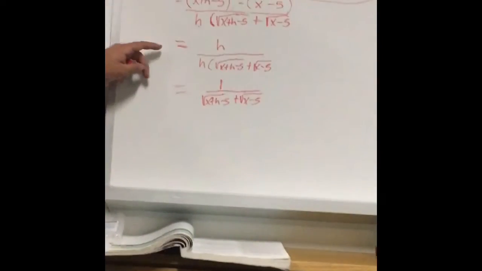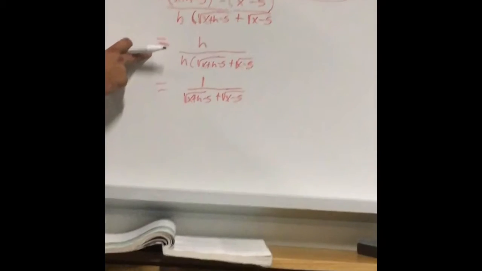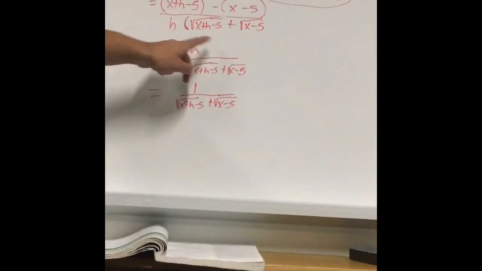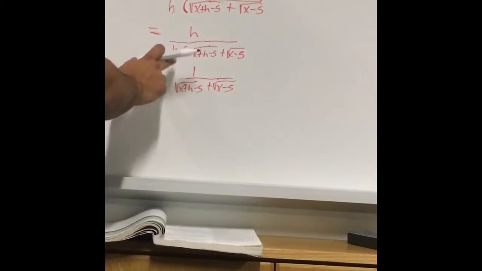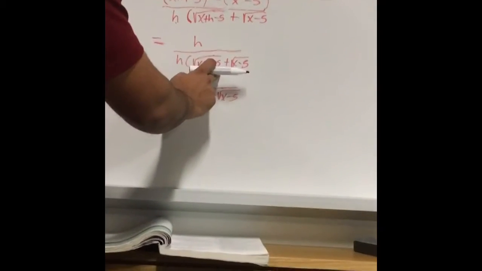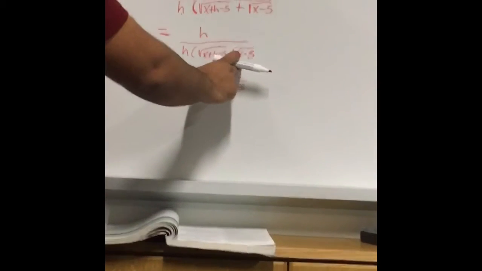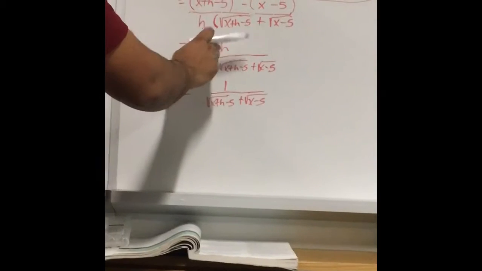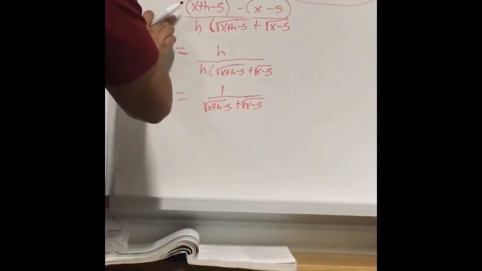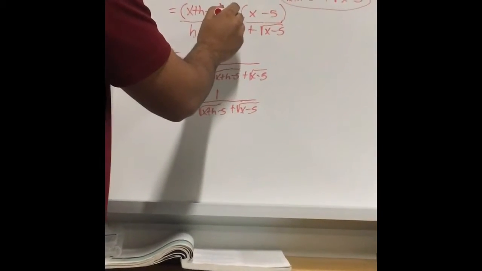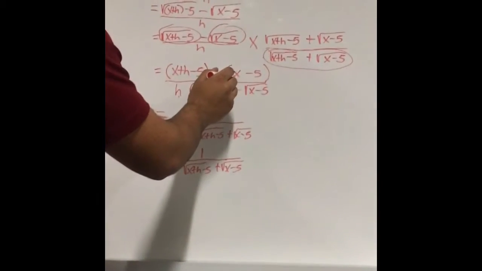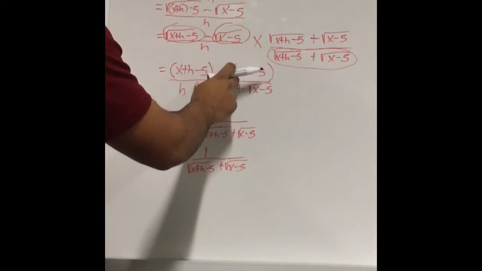Moving on to the next part, we got the equation h over h root x plus h minus 5 plus root x minus 5. How we got h was, in the third part of the process, we expanded the negative symbol into x minus 5.